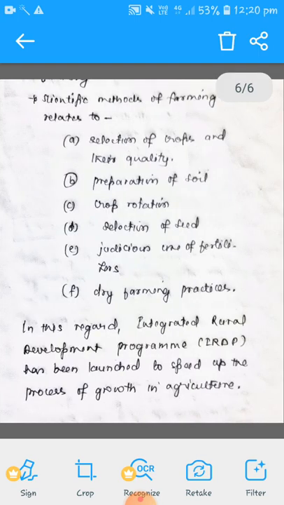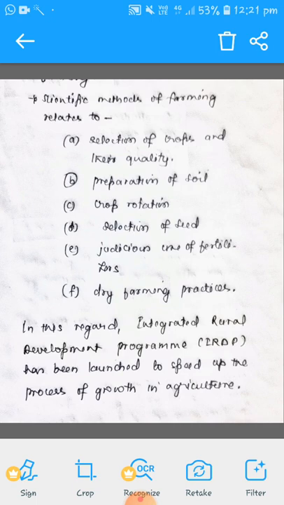So the activities that need to be performed for a scientific method of farming are the selection of crops and their quality. We have to see whether the crop is giving good nutrients to the people or not.